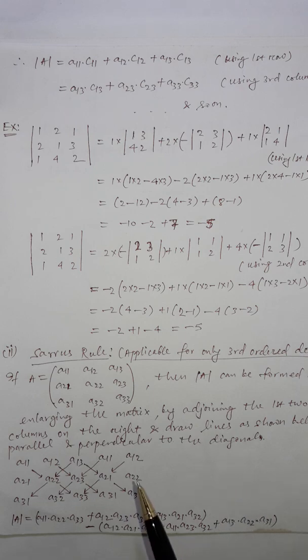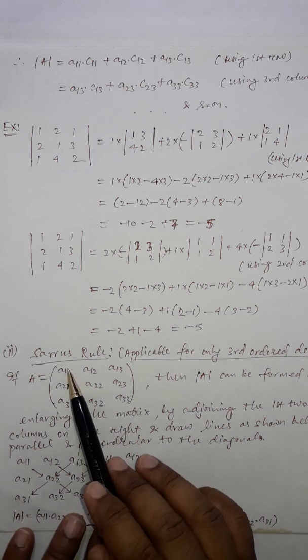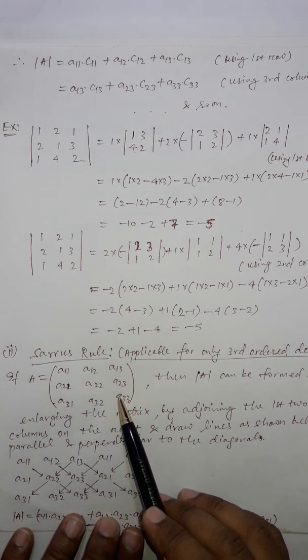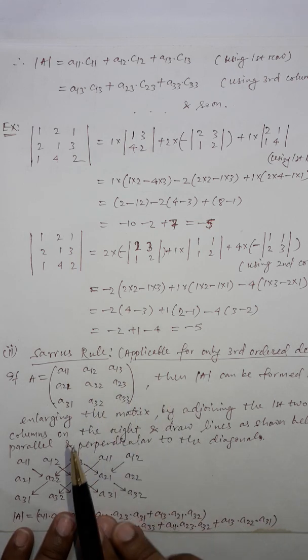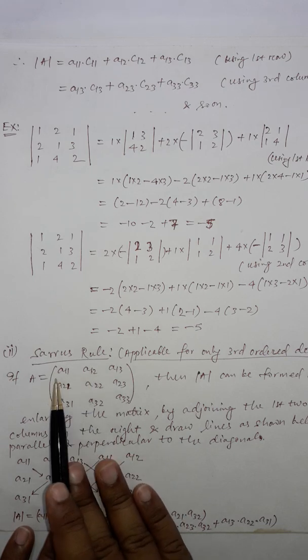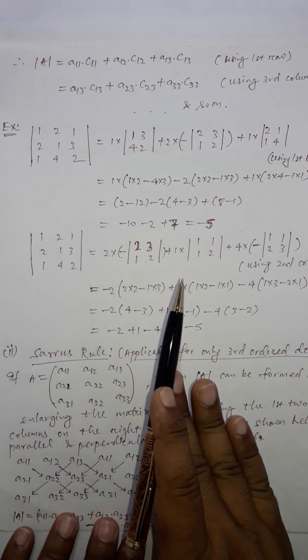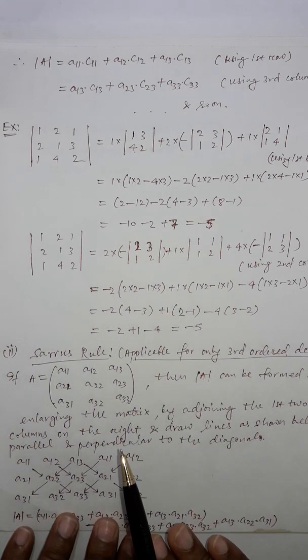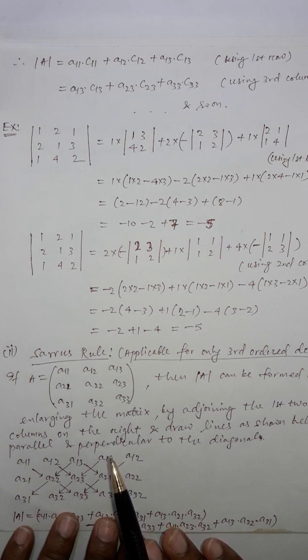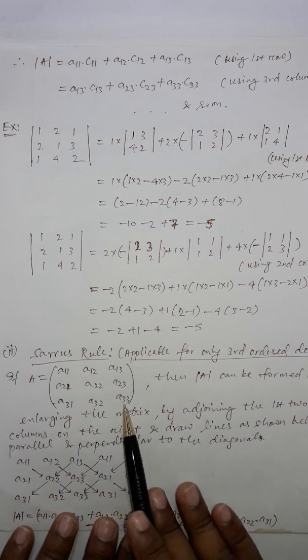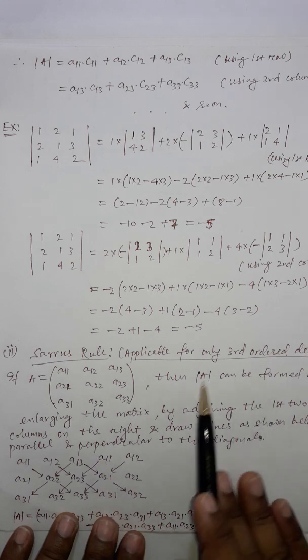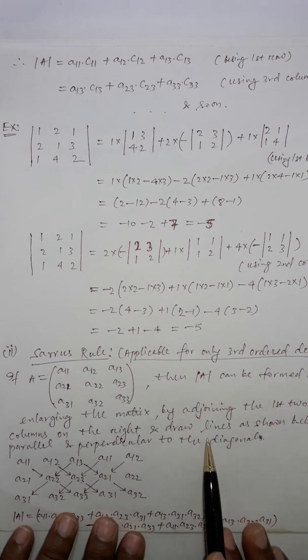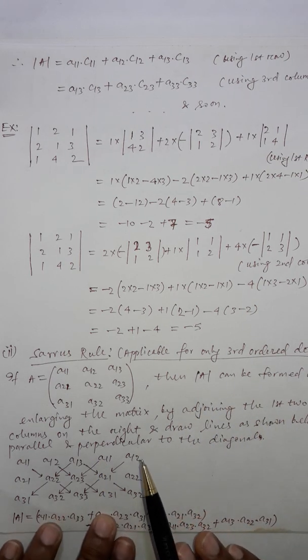So, how to recall this law? You can see there are 3 columns in this matrix. What you have to do is take the first 2 columns and write them again on the right side of the third column, on one side of the paper.